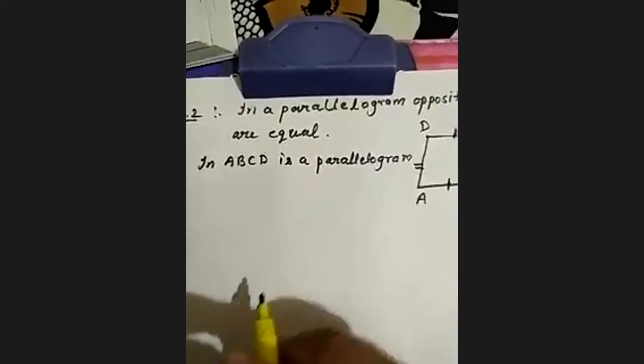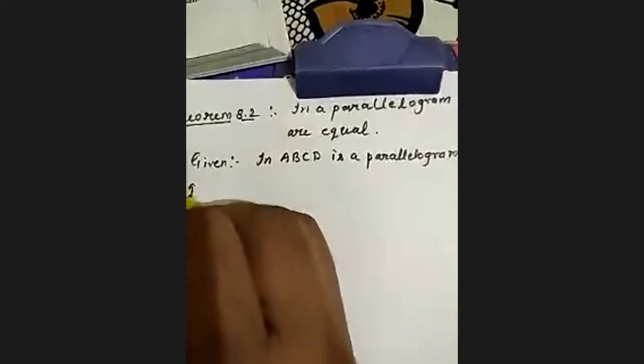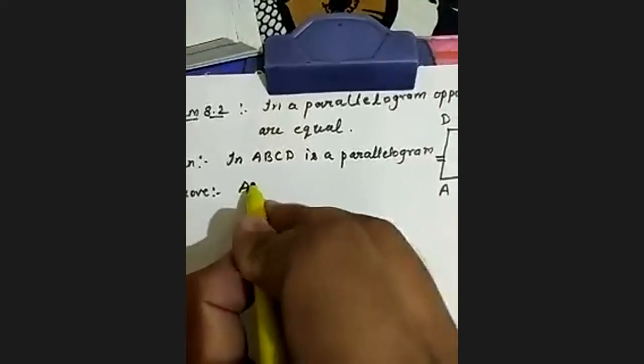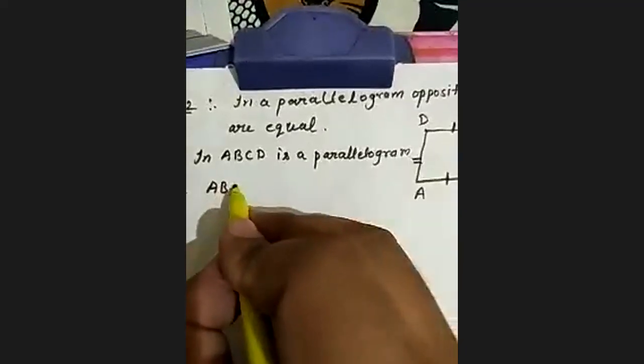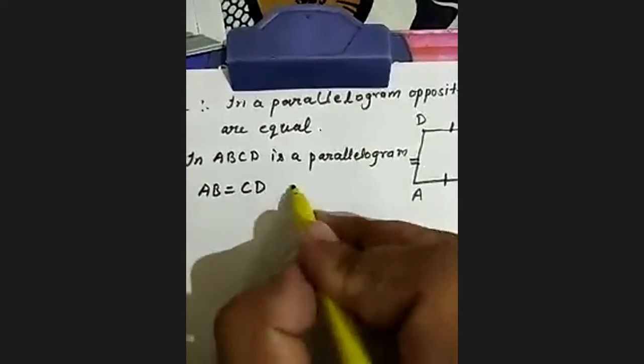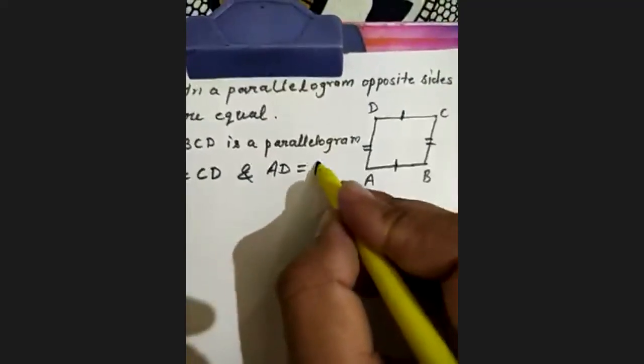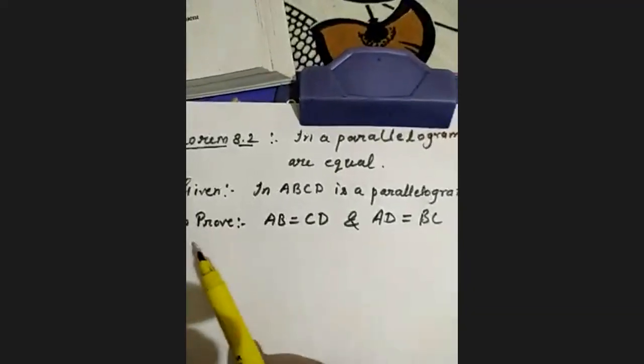To prove: the opposite sides, that means side AB is equal to side CD, and side AD is equal to side BC. So this is what we have to prove.